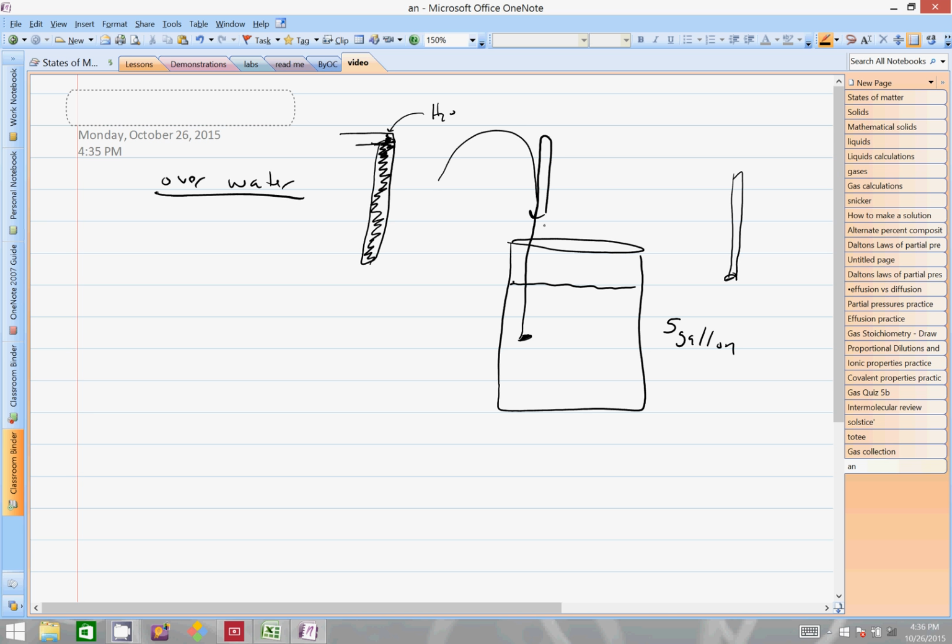Now, this would be an example of an open manometer, because it is exposed to the atmosphere. The top might be closed, but it has atmospheric pressure here. Okay. Now, in this case, we then have some way of having a chemical reaction.